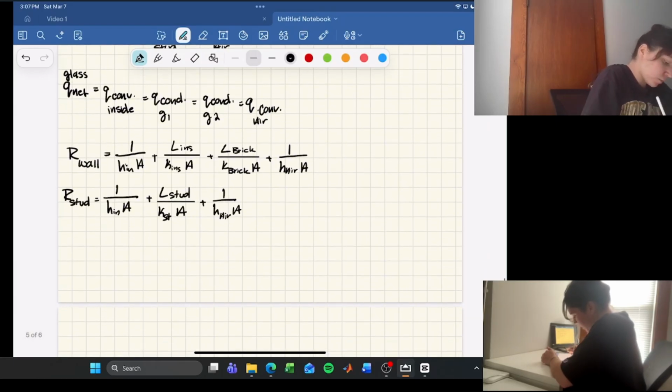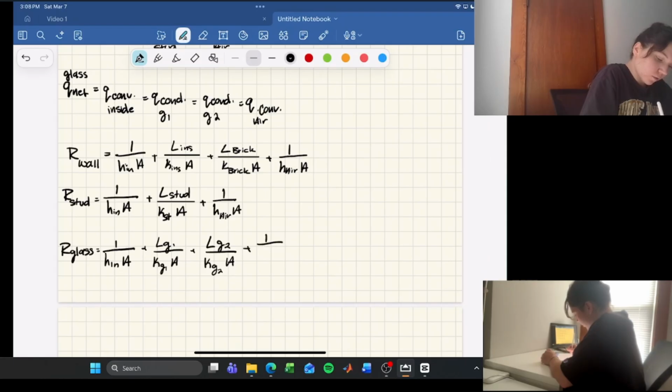And then the same thing for the glass panes. The convection resistance of the inside is 1 over the heat transfer coefficient of the inside times the area, plus the length of glass 1 over thermal conductivity of the glass times the area, plus the length of glass 2 over the thermal conductivity of the glass times the area, plus 1 over the heat transfer coefficient of the air times the area.